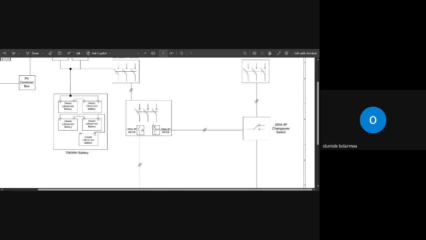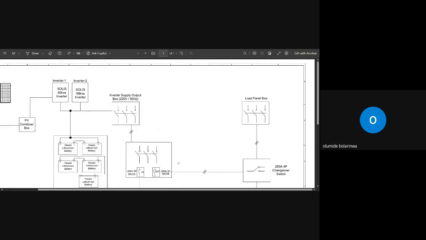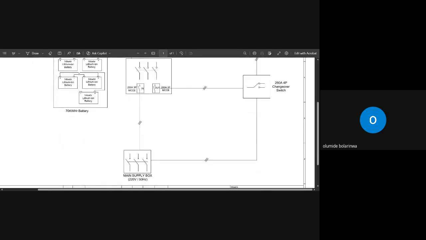We have 1, 2, 3, and 4. And we even have 5 because this PV combiner box also has its own enclosure. So making 5 enclosures I calculated here. Are you there with me?